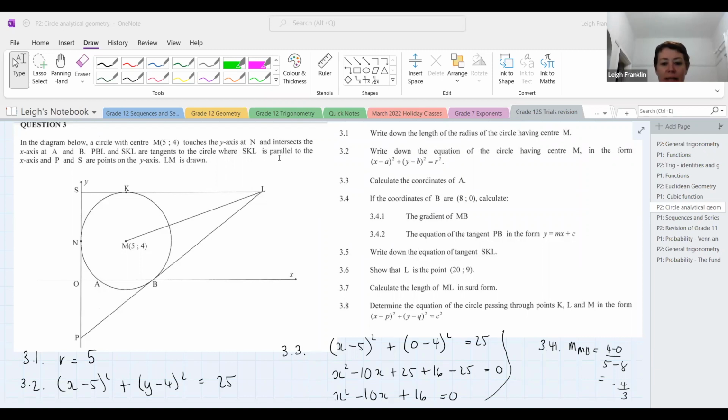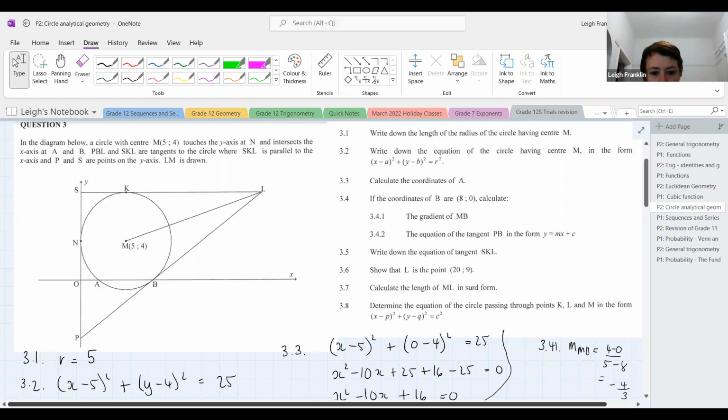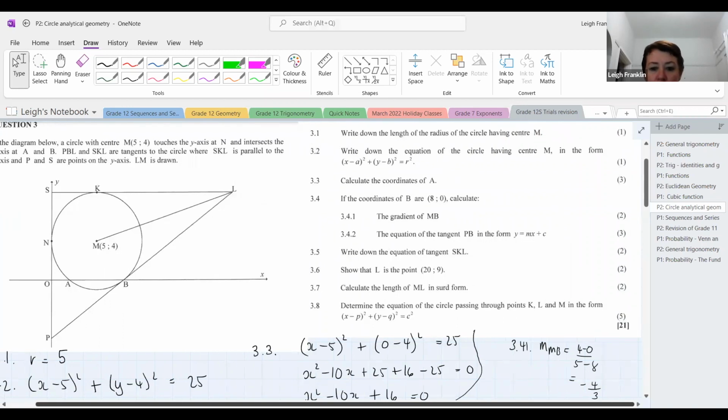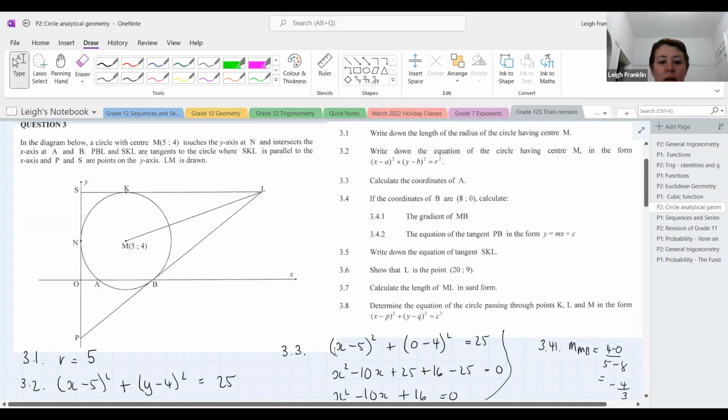Anybody got any idea how to do that? Let's see what it's out of. Two marks. Okay, so it's out of 2. The equation of tangent SKL. Remember, in the beginning, we had discussed the fact that SKL was parallel to the x-axis.